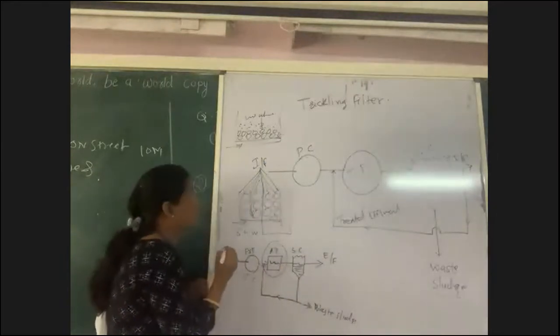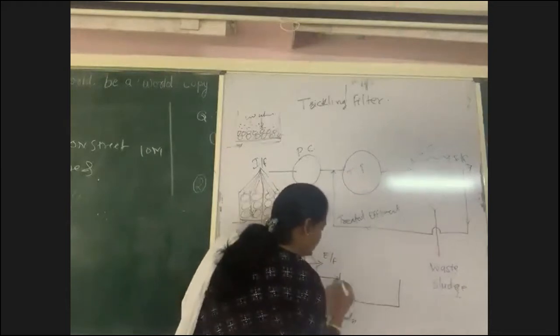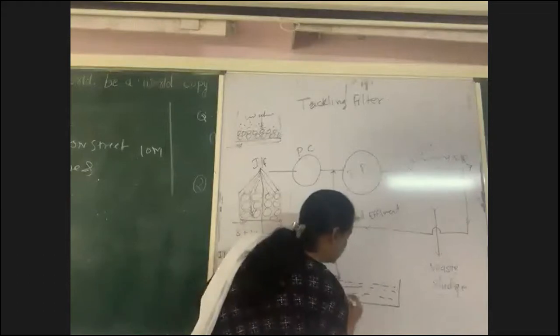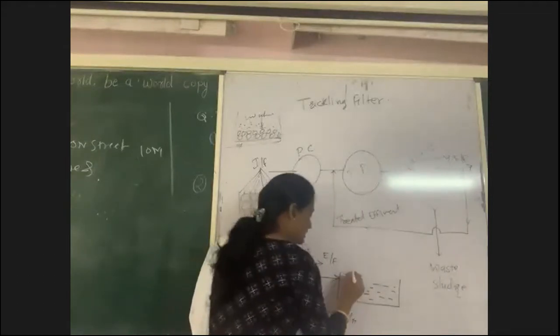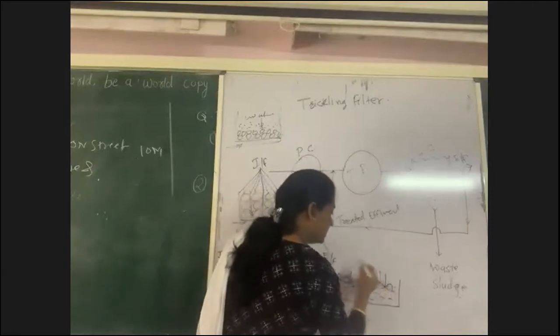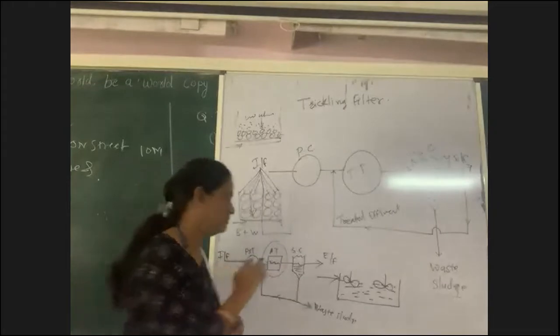What is this? This is a suspended growth process. Suspended growth process in the sense that here is a tank and the wastewater is allowed to enter and it is filled with the water, sewage. Some aerators are fixed in the aeration tank; usually surface aerators are there.